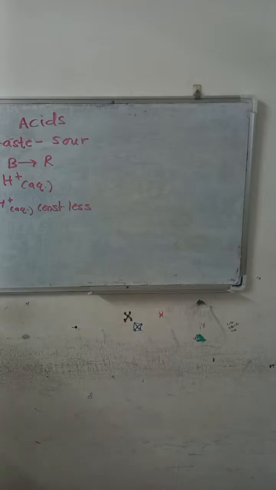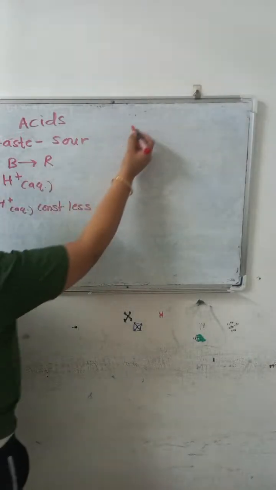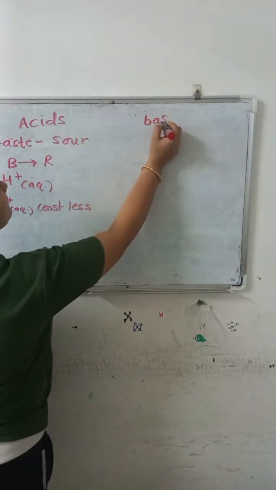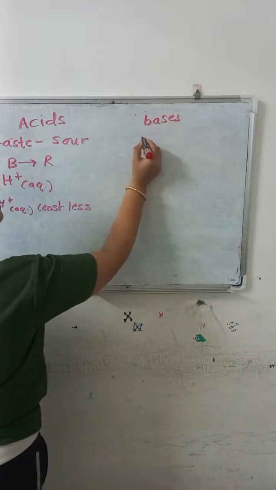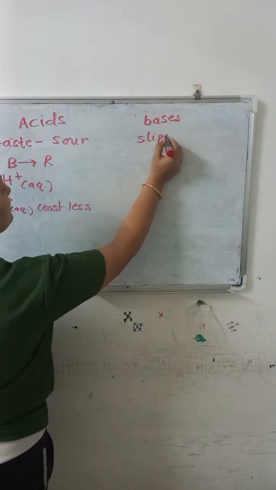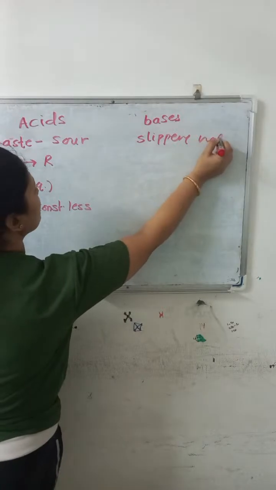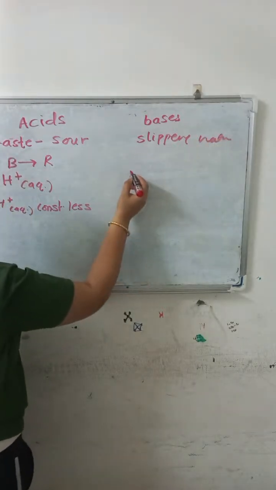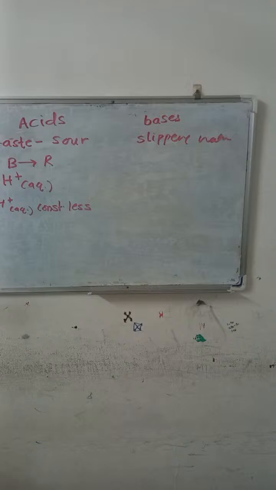Okay, write down here acids, then bases. So they are slippery in nature. Okay, so here in a base, litmus is converted into what? Does anyone know? If you know, then you can please type the message.